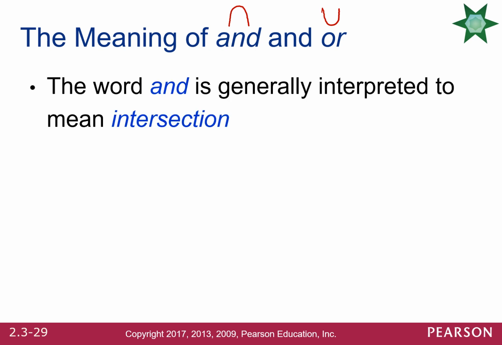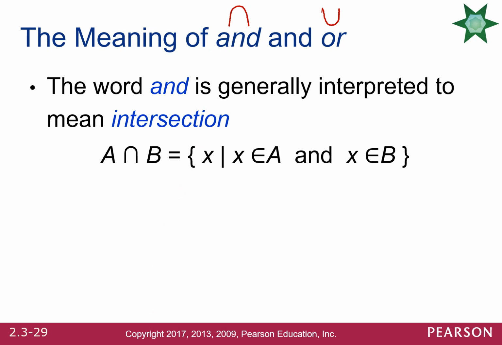The word "and" is generally interpreted to mean intersection. That means it will refer to the common elements between the two sets. Now, in set notation, this is how it's going to read.